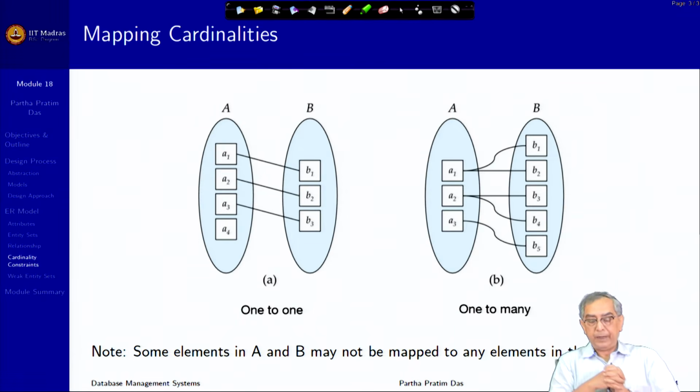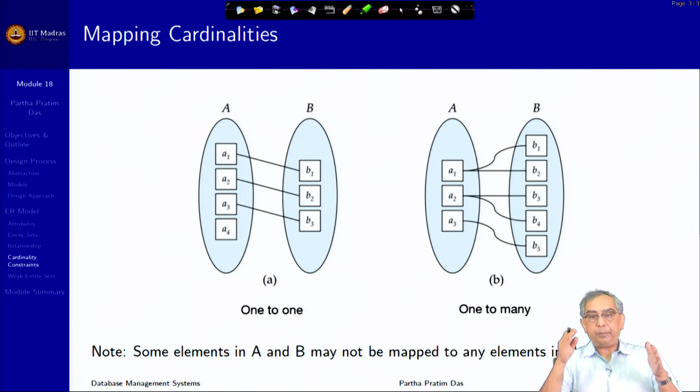But the basic idea is no two entities can be related to more than one entity, right. You can have one to many, where from the first set to the second, one entity in the first set may be related to more than one entity in the second set, right. If that happens, then you say it is a one to many. Like if I say a person and child, right.